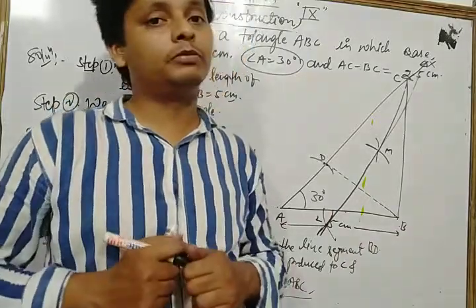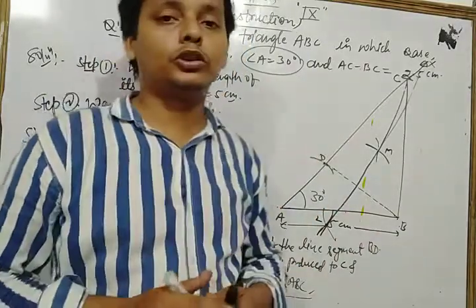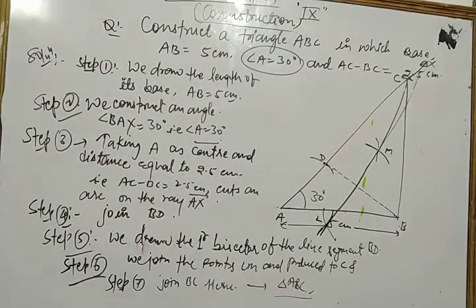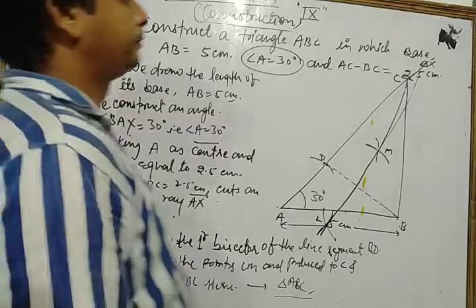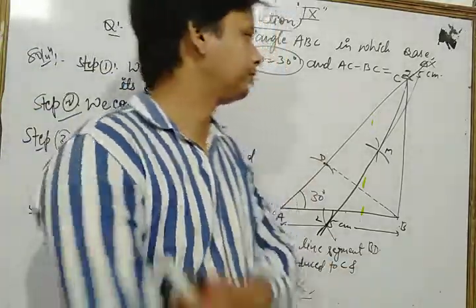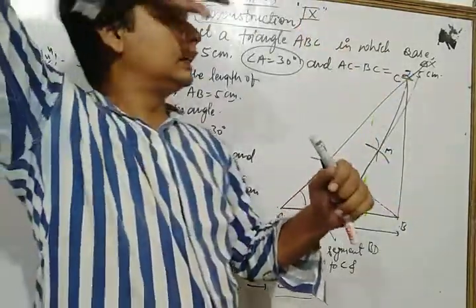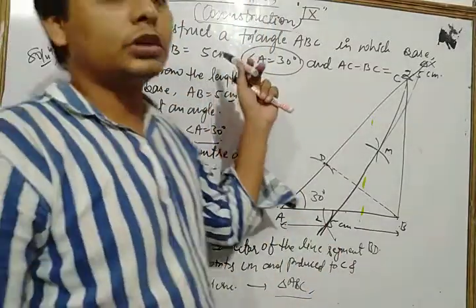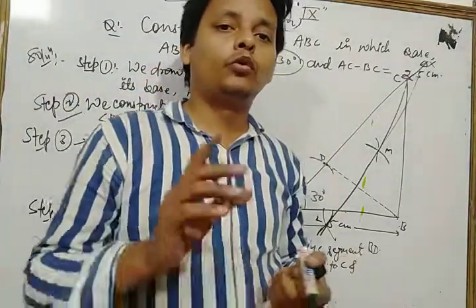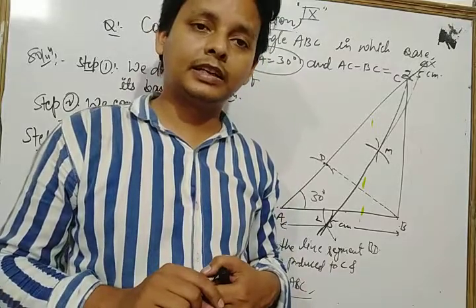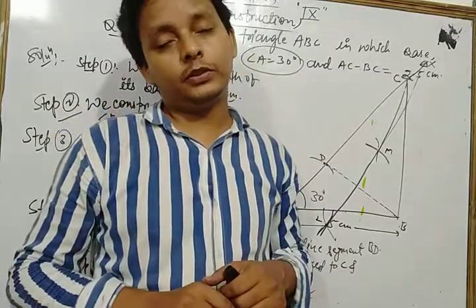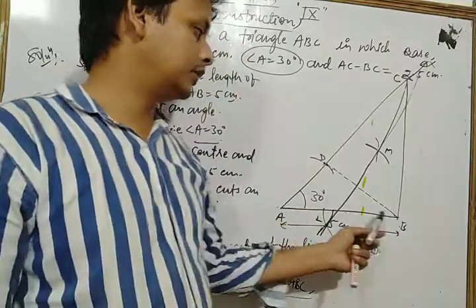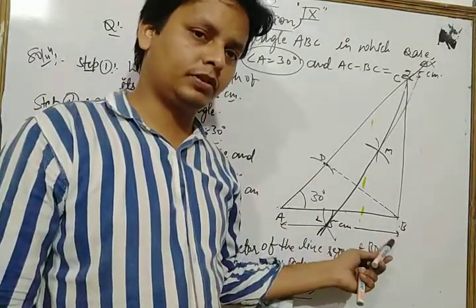Let's see once more, because this is a very important topic of your syllabus. Dear students, in order to construct a triangle when its base, one base angle, and the difference between the other two sides is given, first of all we draw the base of the triangle.